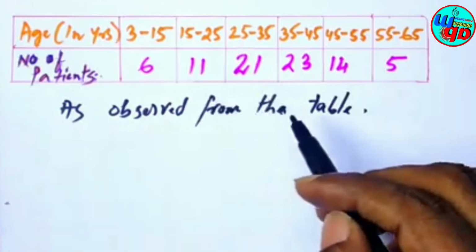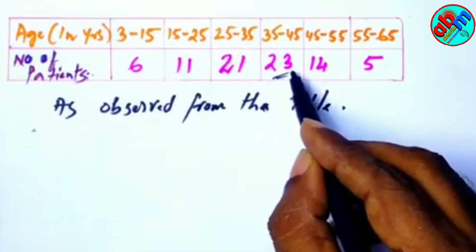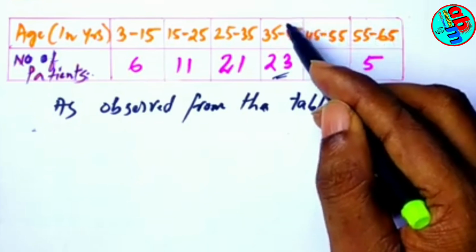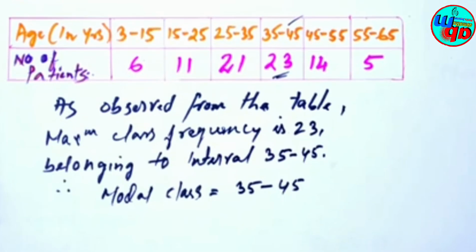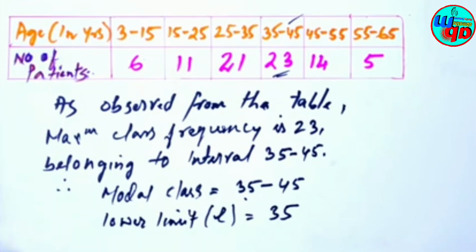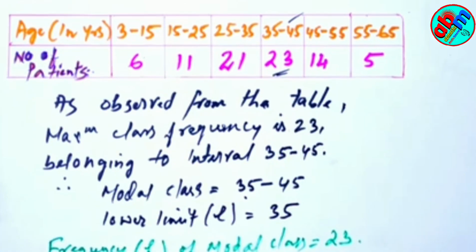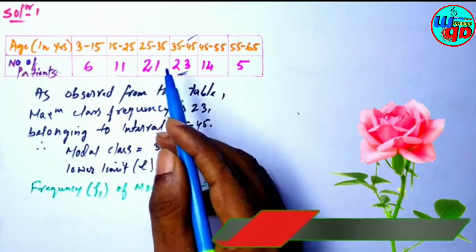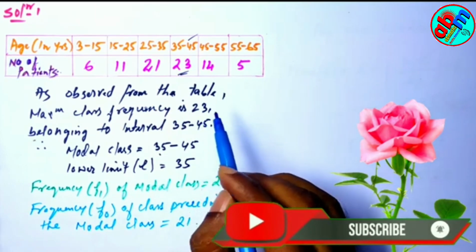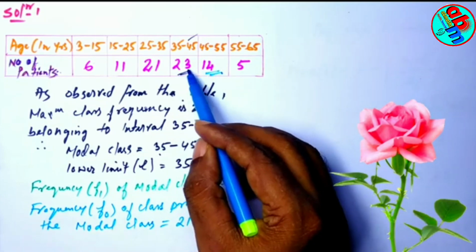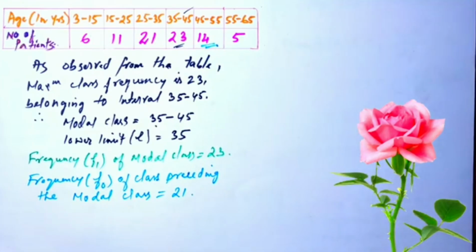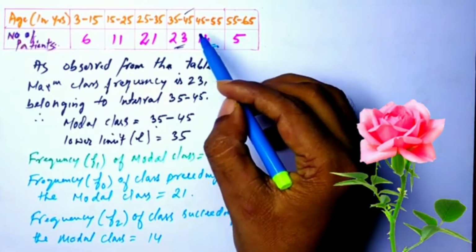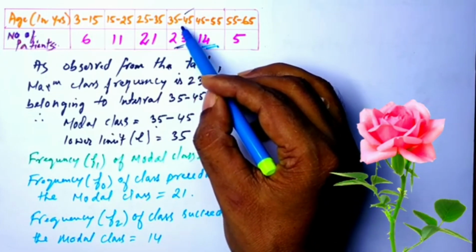Lower limit L is 35, frequency F1 of the modal class is 23, frequency F0 of the class preceding the modal class is 21, frequency F2 of the class succeeding the modal class is 14, and class size H is 45 minus 35, which is 10.